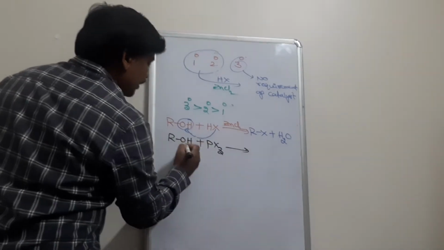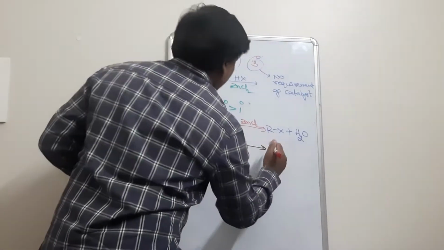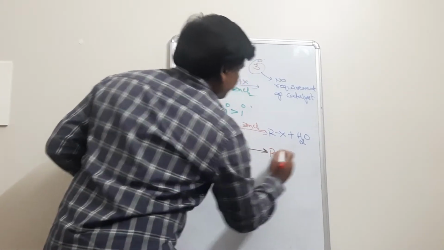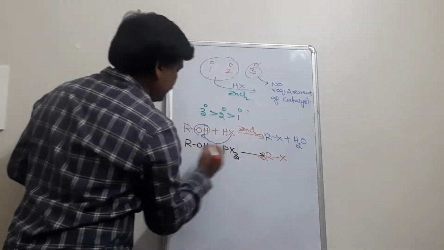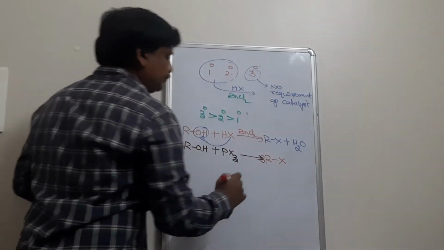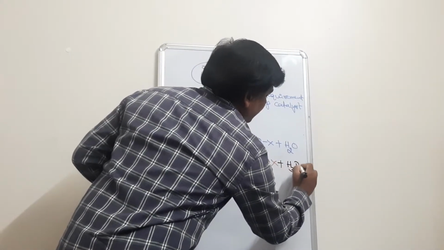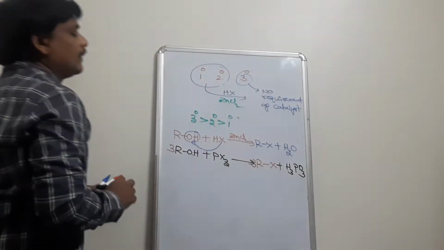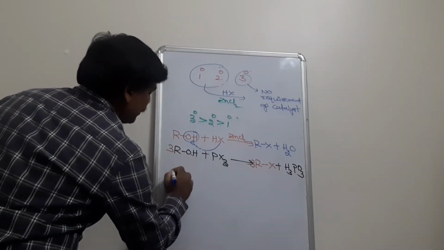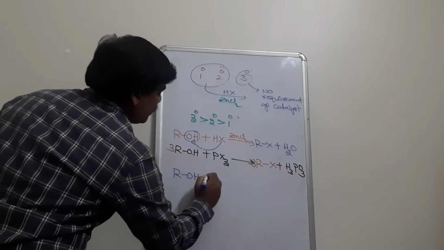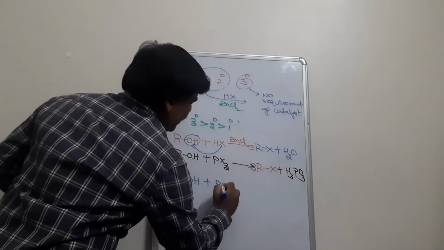Here the OH group is replaced by halogen, so we get RX. Since three halogens are there, I am writing 3 RX, so 3 ROH plus PX3 gives 3 RX plus phosphorus acid, that is H3PO3.